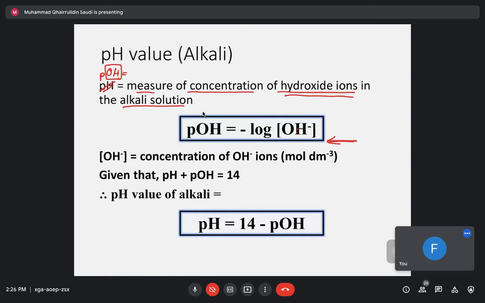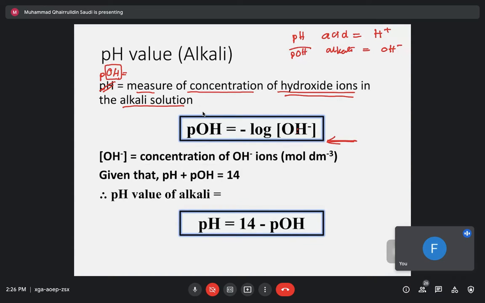Betul? Kita belajar yang tu last class, right? Hello. So acid adalah yang ions yang bertanggungjawab untuk show acidic properties is hydrogen ion. Untuk alkali, ions yang bertanggungjawab to show its alkaline properties is hydroxide ion. So selalunya kita kira pH for acid and pOH untuk alkali.